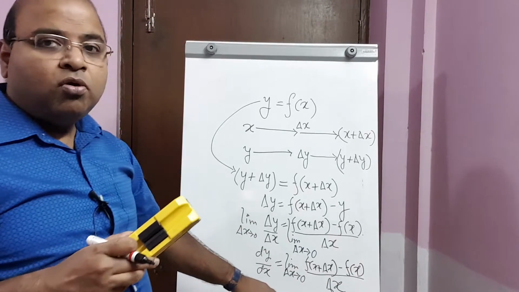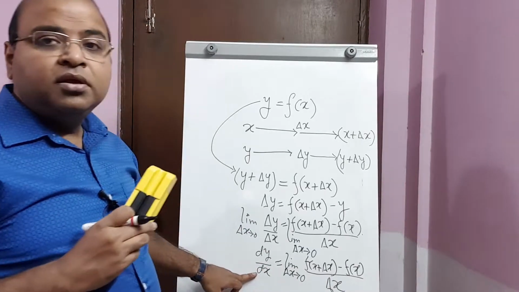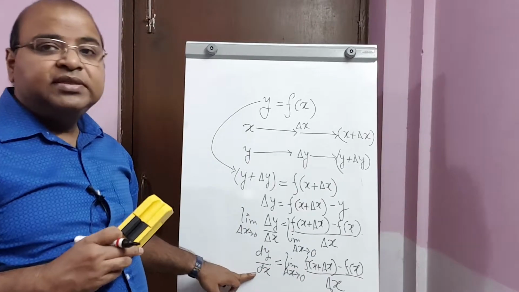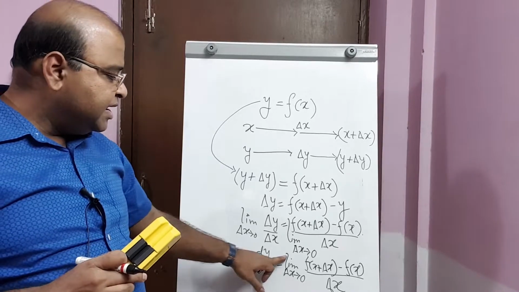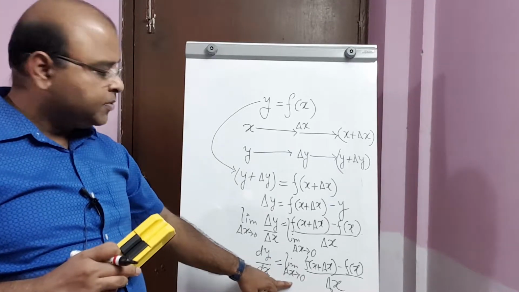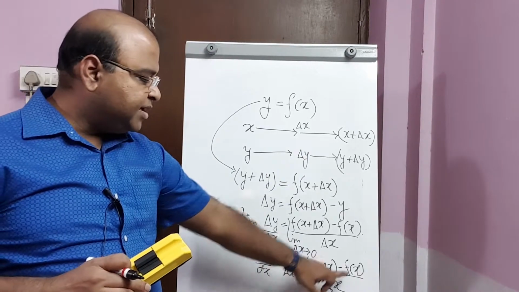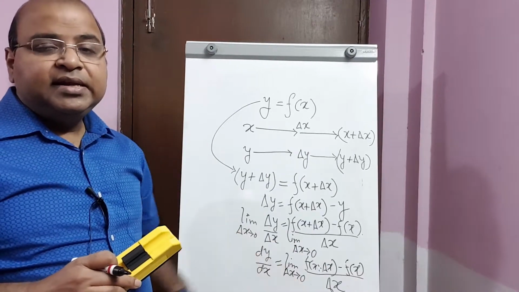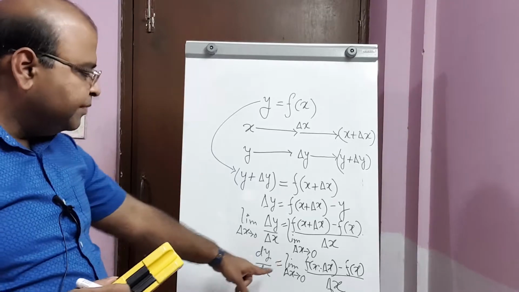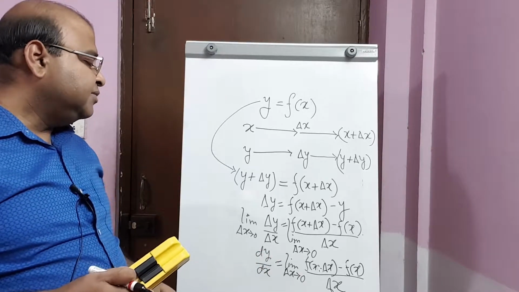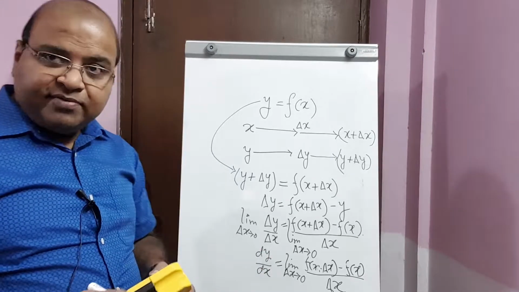This is an alternate limit definition for the derivative of y with respect to x, which is given by limit delta x tends to 0, f of x plus delta x minus f(x) divided by delta x. So this limiting definition is known as the first principle of derivative.